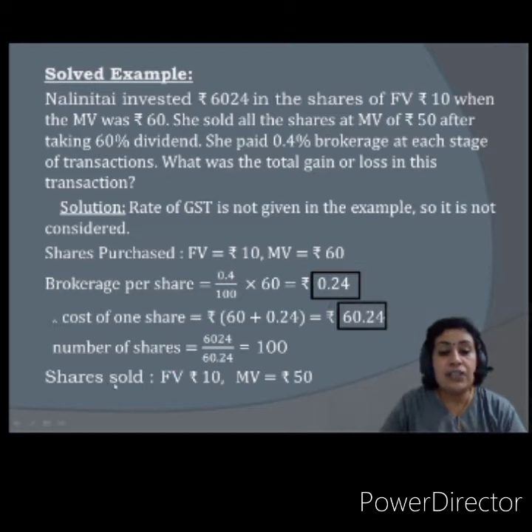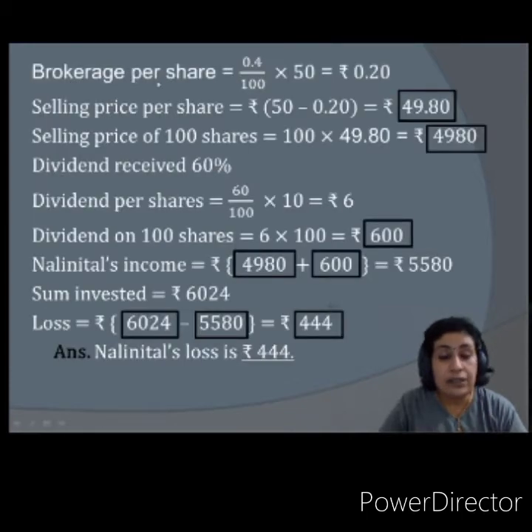Now the shares she has sold have a face value of rupees 10, but the market value was 50. She has given brokerage in this transaction also, while selling at the same rate, that is 0.4 on the market value 50, so 0.20.